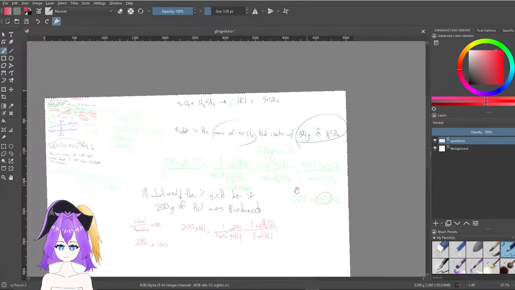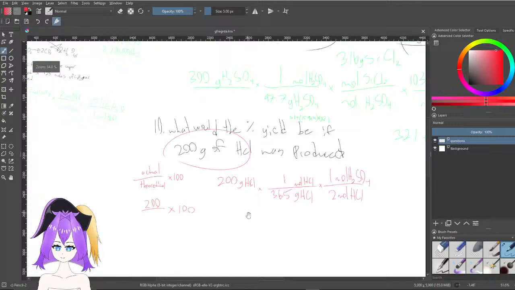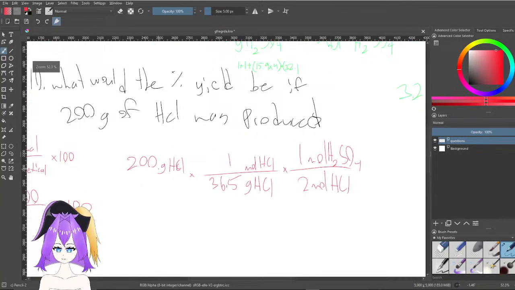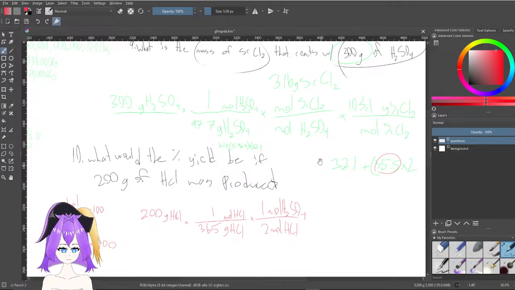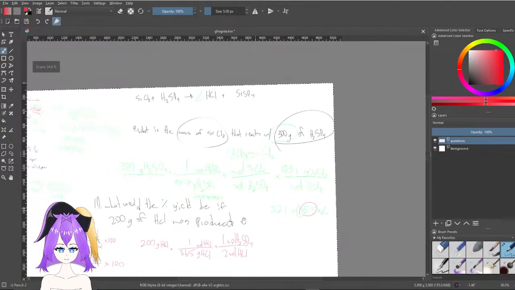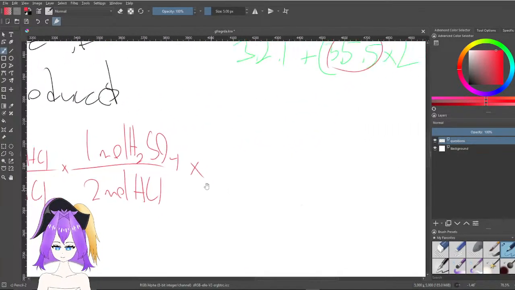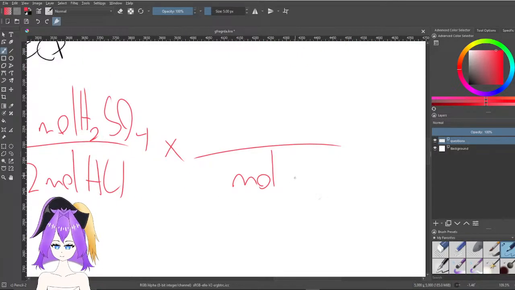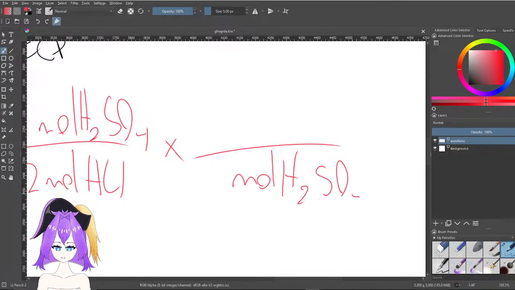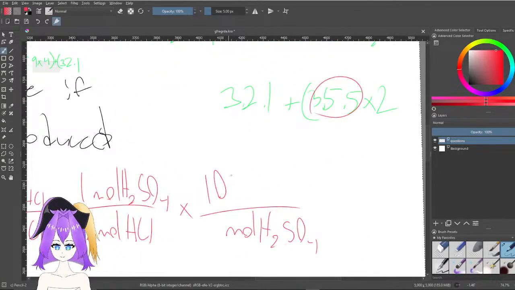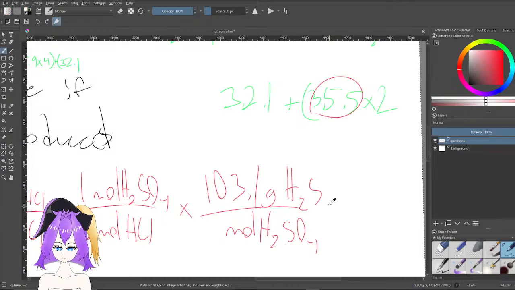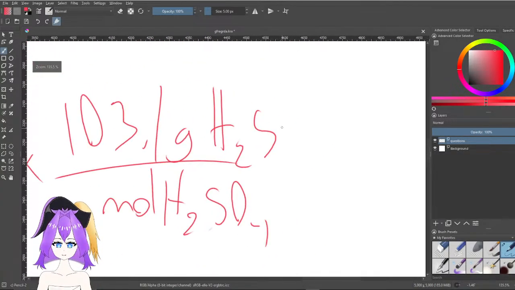Because I'm given a number of hydrogen chloride, either I go from hydrogen chloride to hydrogen sulfate, which is what I'm doing here. Just gonna finish this up. Moles of H2SO4, 103.1 grams of H2SO4. Oh, SO4.